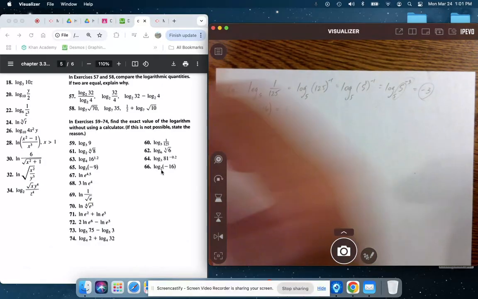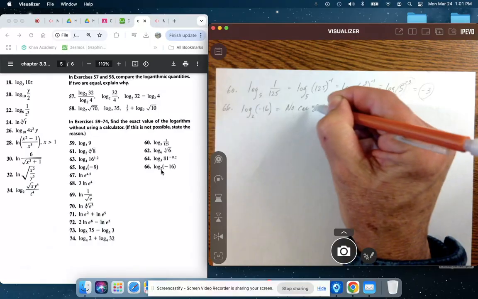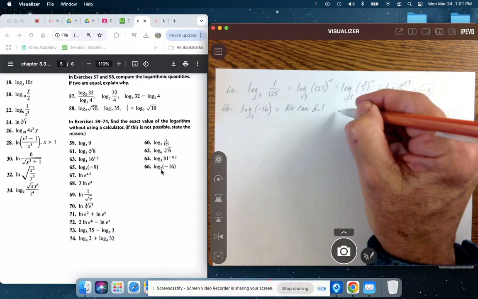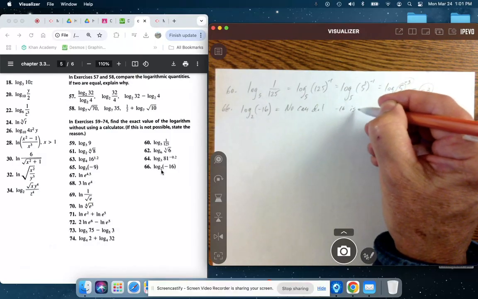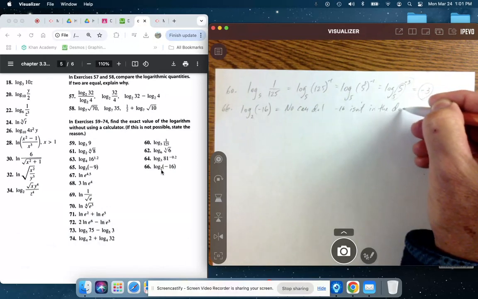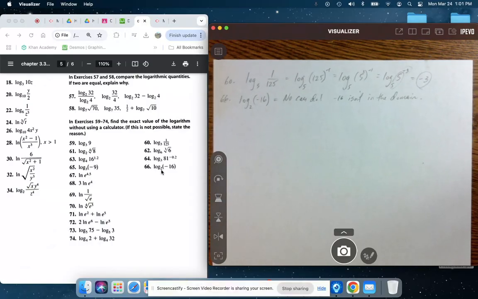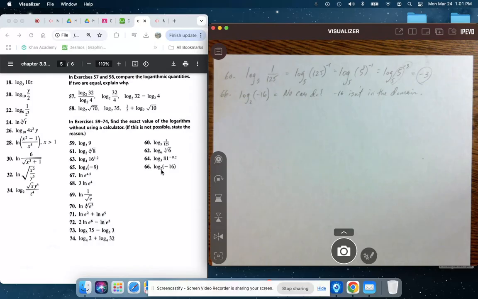So this is no can do, because you can't take a log of a negative. Negative 16 isn't in the domain, right? It has to be positive. All right, so that one you can't do.